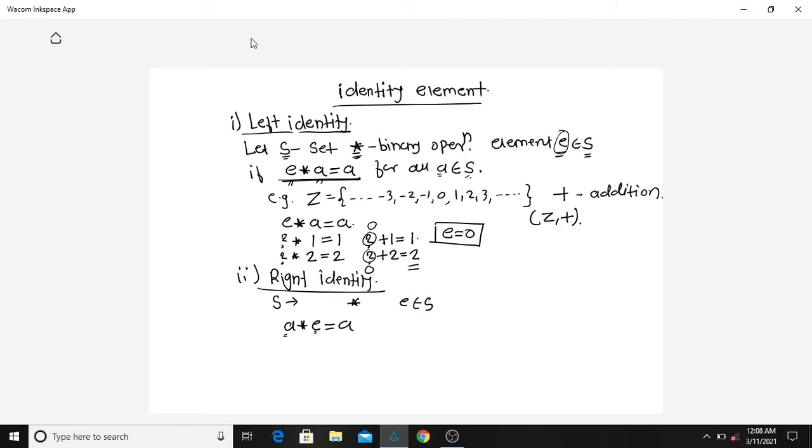So for right identity, you need to remember A star E gives you A for all elements A belonging to the set S.